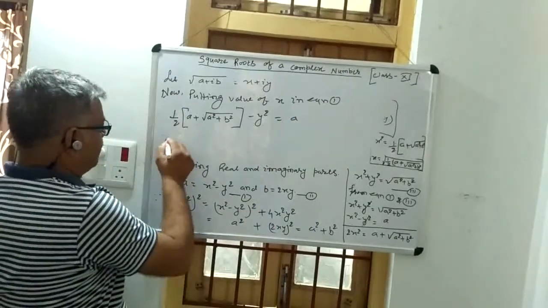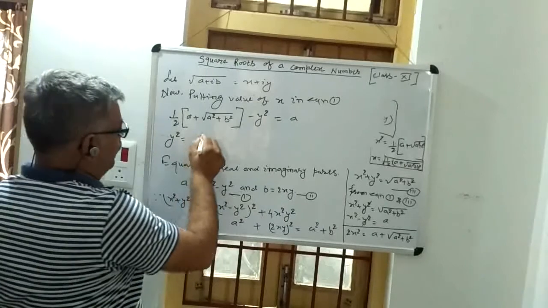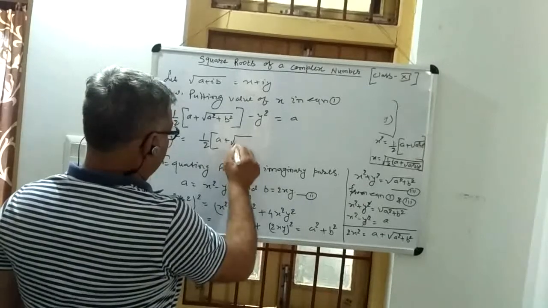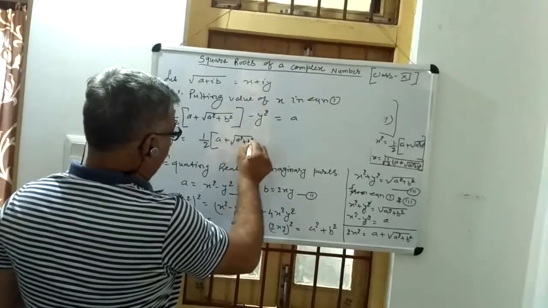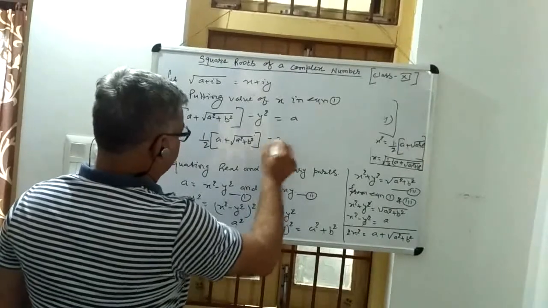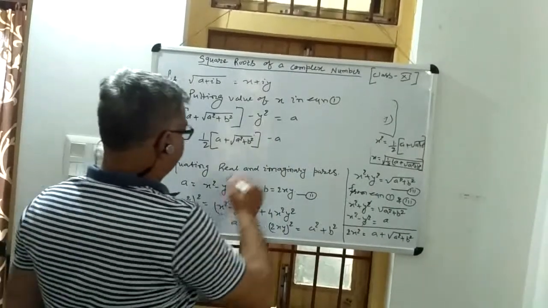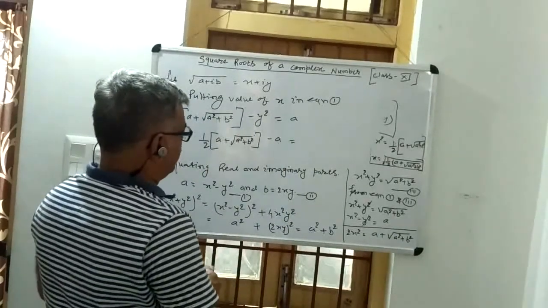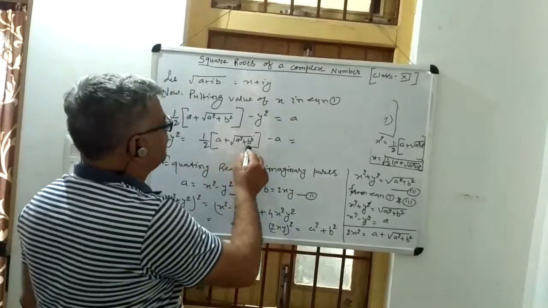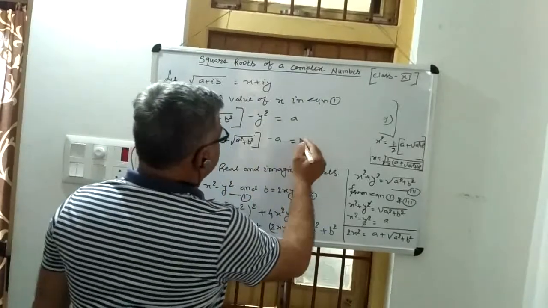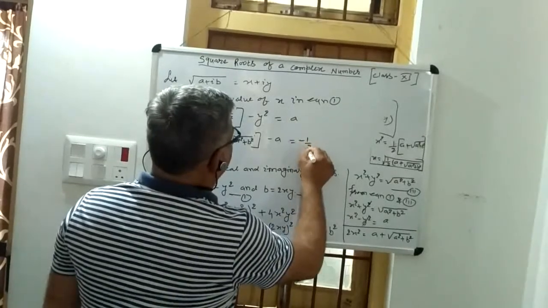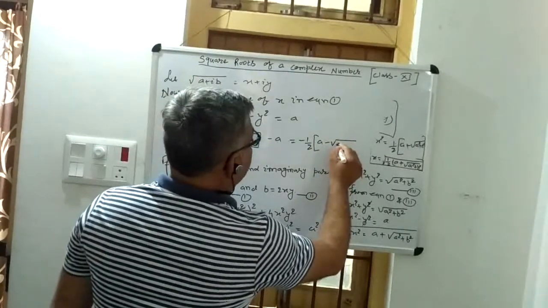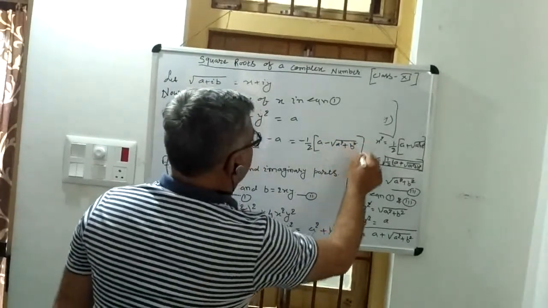So you can write the value of y square equals half into (a plus under root a square plus b square) minus a, that is equal to half into (minus a plus under root a square plus b square).